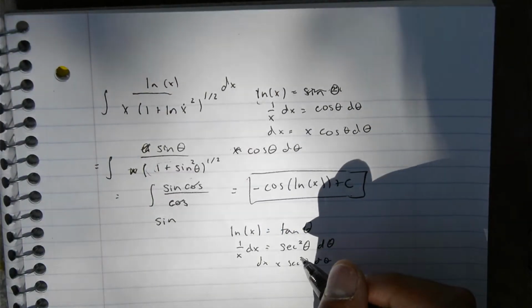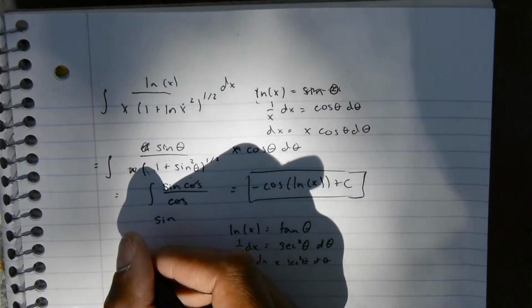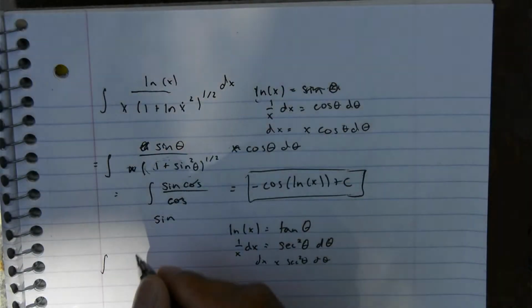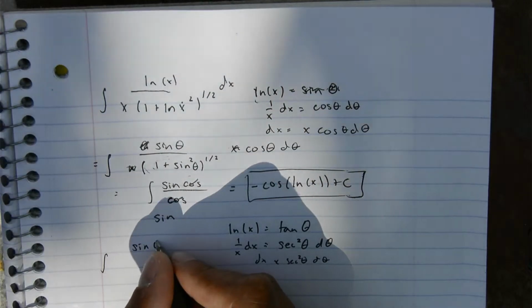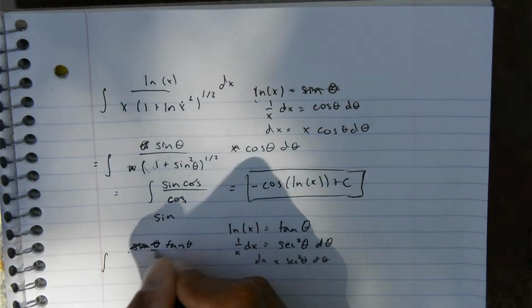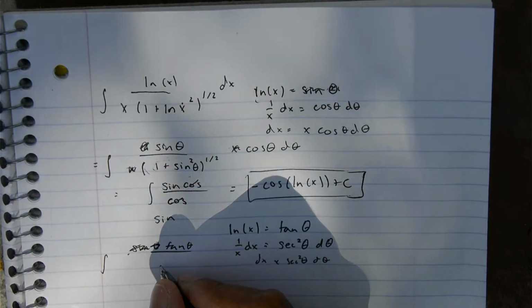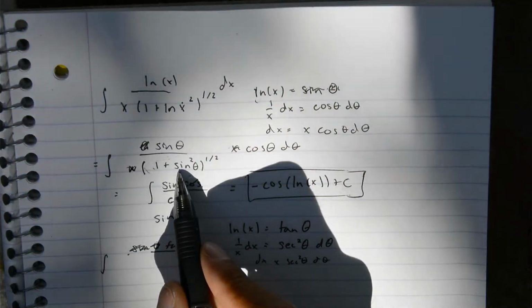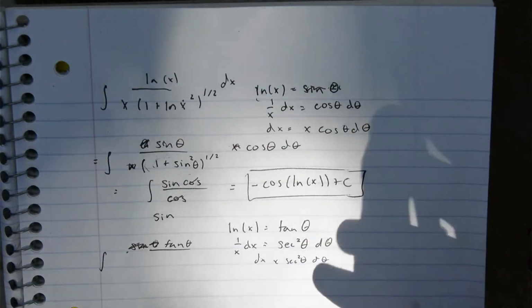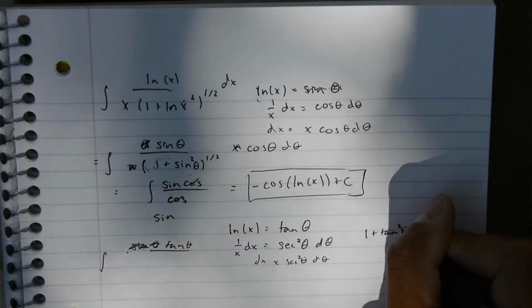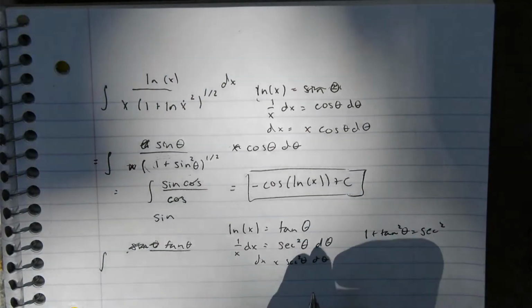But see, that's where you run into some trouble, right? Because you're going to get... So the thing cancels out, so you get integral of sine theta... no, sorry, tan theta. And then you end up with this 1 plus tan theta, which becomes secant. 1 plus tan squared theta is equal to secant squared.